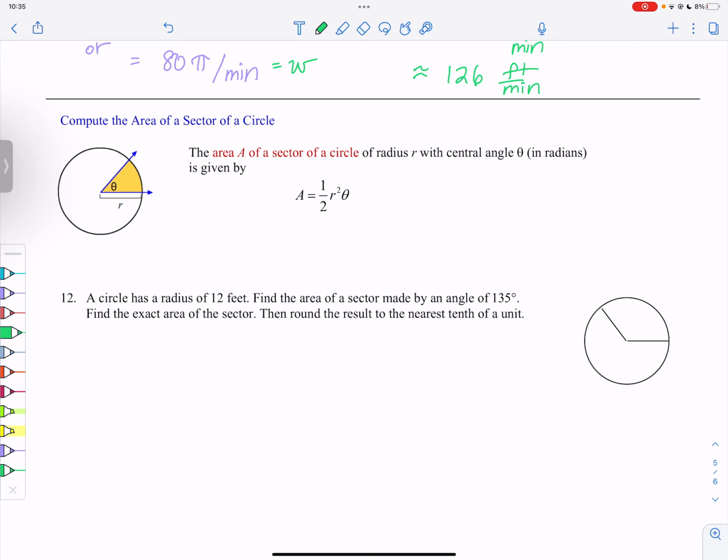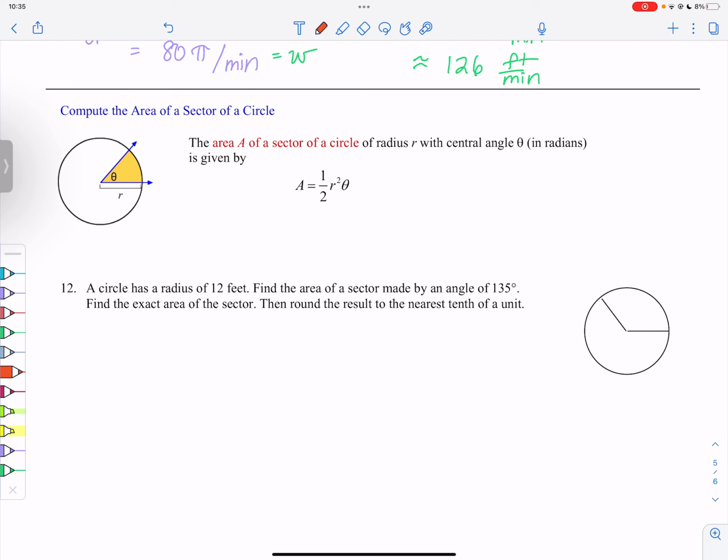Okay, so let's try one of these. A circle has a radius of 12 feet. So let's go ahead and just write that 12 there. And actually, if that is 12, this is also 12. Those are the radii. And we have 135 degrees. So we passed up 90 and we're going there, and we have 135 degrees.